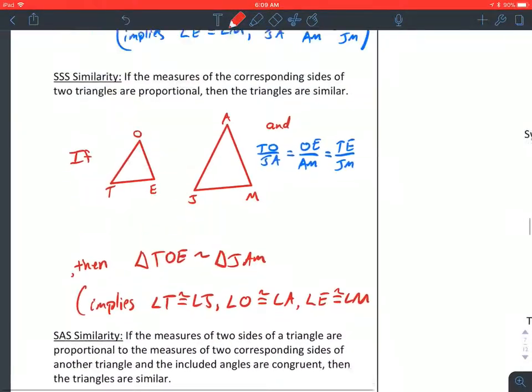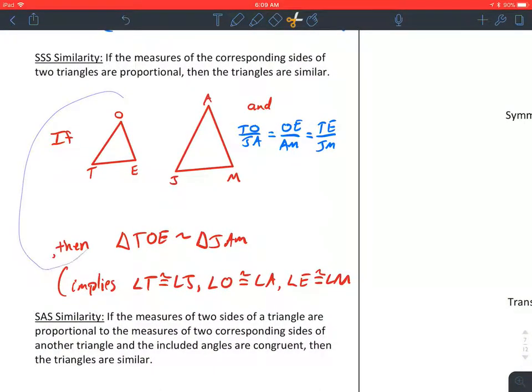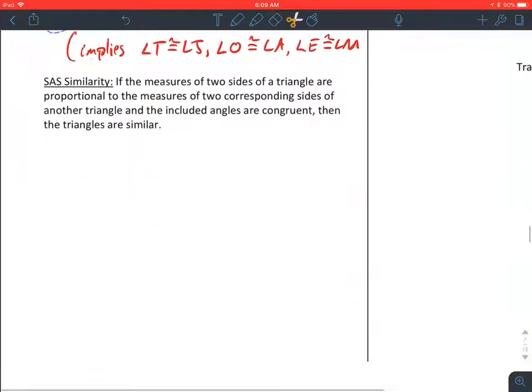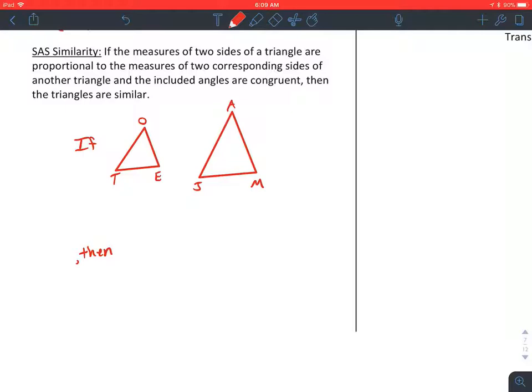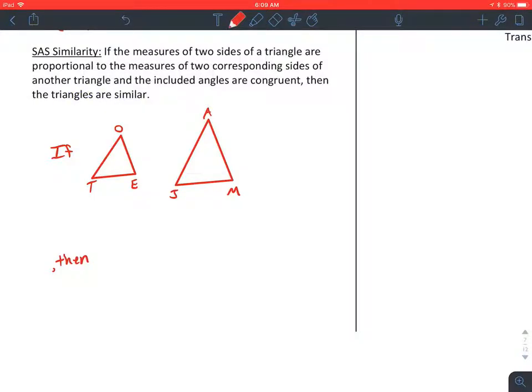Third one, the side-angle-side similarity. If the measures of two sides of a triangle are proportional to the measures of two corresponding sides of another triangle, well, let's figure that out first. So that would be like saying TO over JA is equal to OE over its corresponding side AM, and the included angles are congruent.